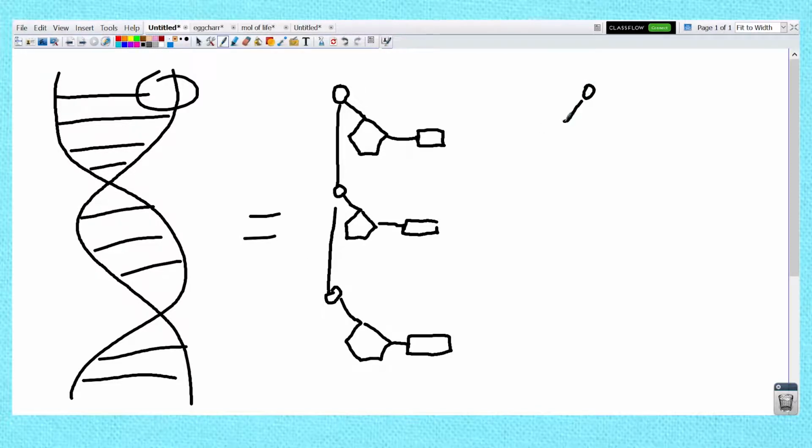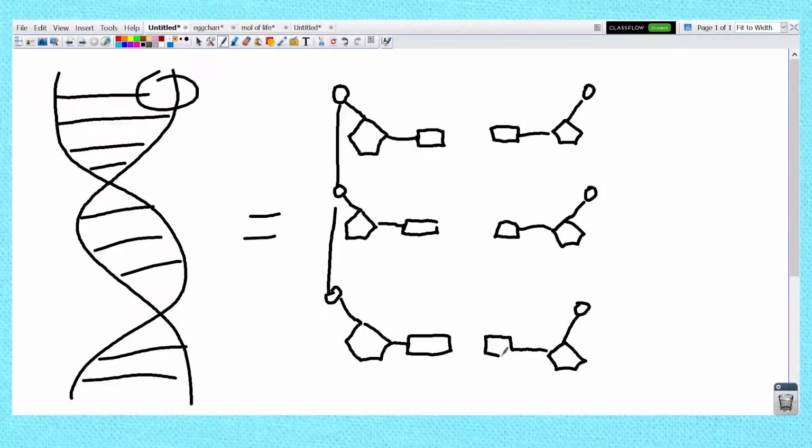Phosphate, sugar, nitrogen base, and so forth. All of them held together in the middle by our weak hydrogen bond.